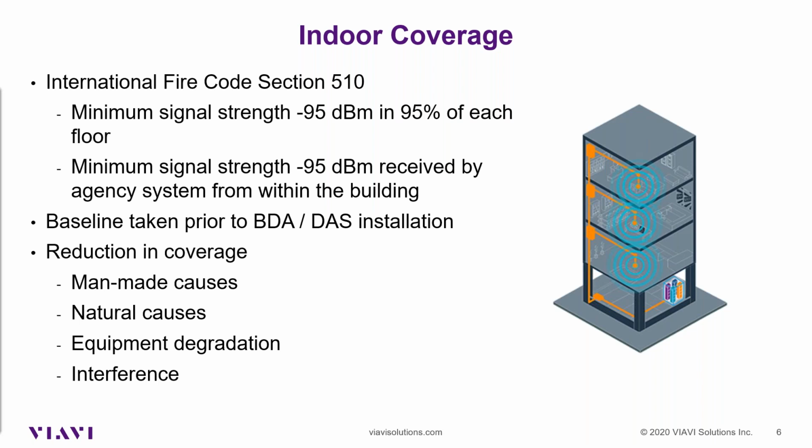And I'm going to jump past equipment degradation for a moment and skip to interference. Interference is something that is kind of out of our control a lot of times. We have to respond to it most of the time. Unfortunately, that's becoming more and more common as we see, for example, more band 14 LTE signals pop up. People are having trouble testing their radios in those situations because of that interference.